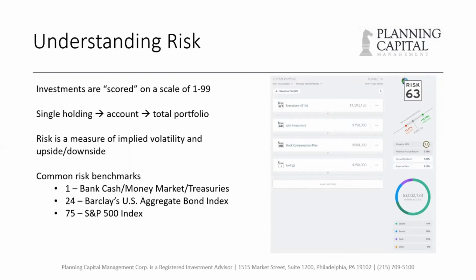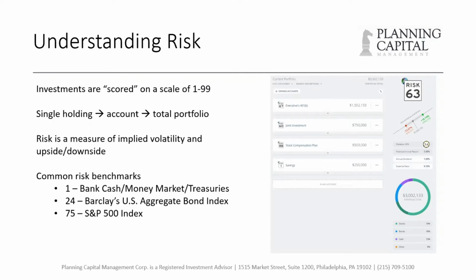I do want to get into some specific examples of how this would work. Something to keep in mind as we move into that, a few common benchmarks for risk. As I mentioned, one would be cash, things like money market and treasuries.